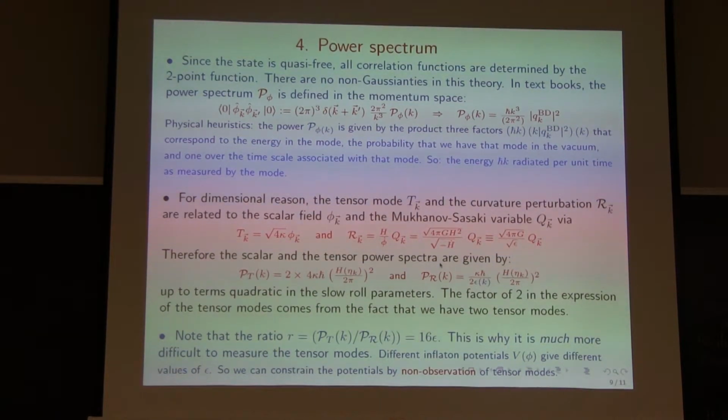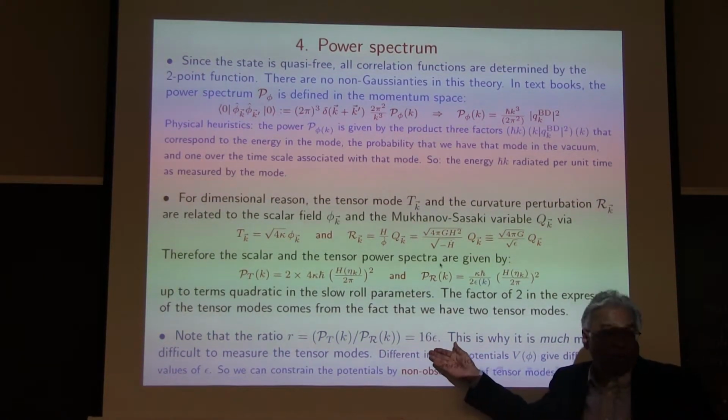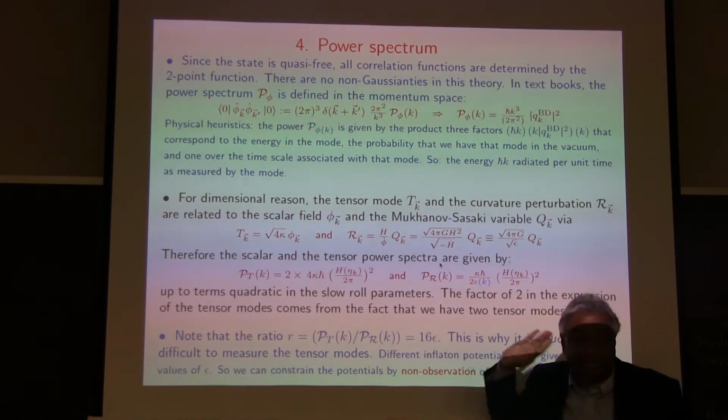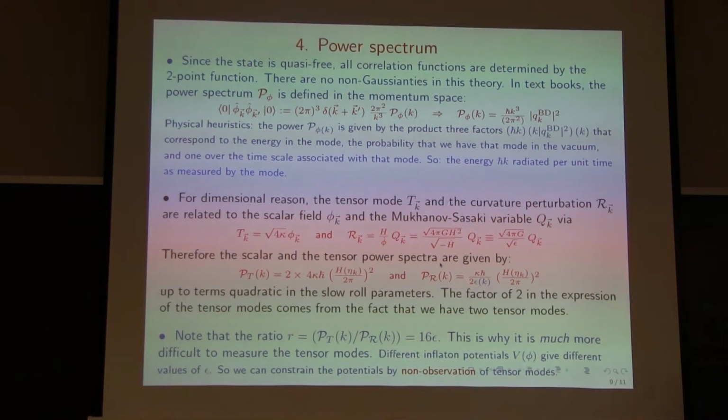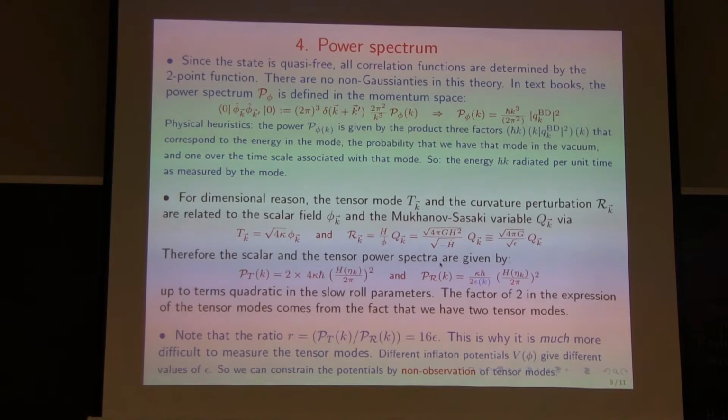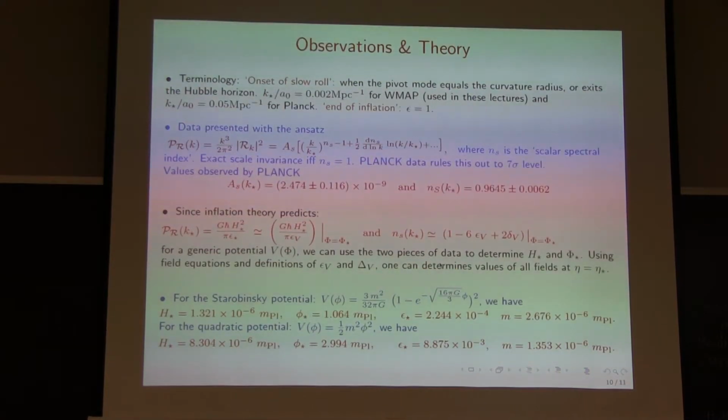If the potential were such that epsilon was of the order of 1 or, say, 1/10, then we should have seen it, and we don't see it. So that's why those potentials are disfavored. The potentials for which epsilon is small are favored. But people are making more accurate measurements now to see what this tensor power spectrum is going to be.